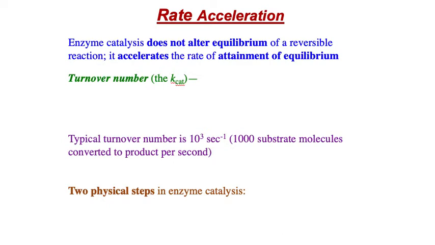But some enzymes are so fast that the binding of the substrate and the release of the product is actually the slow step. For example, superoxide dismutase, the enzyme that gets rid of reactive oxygen species in your body, so peroxides and stuff like that that are super toxic and very destructive.